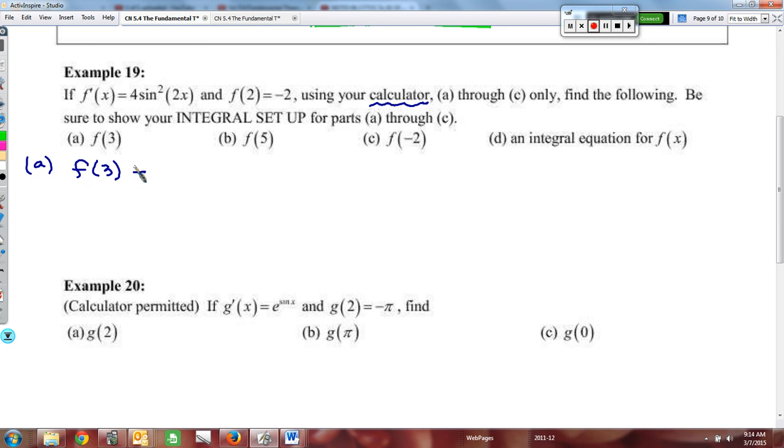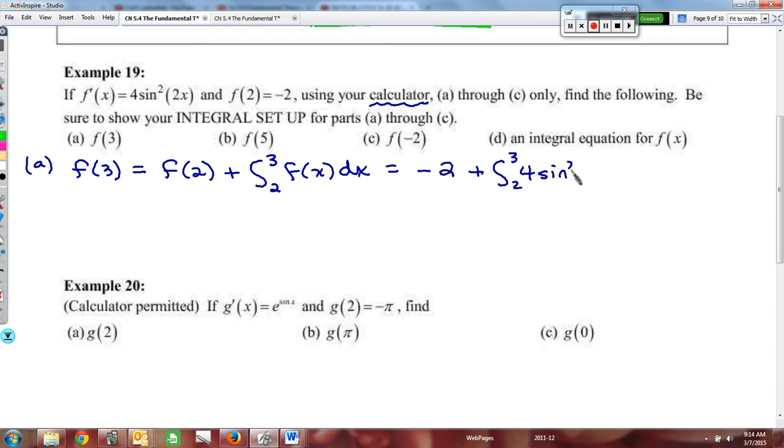Well, I know where I was at f of 2, and so all I need to do is calculate my net change from 2 to 3 of f of x dx. So what I'm going to type into my calculator is negative 2, where I was, plus the integral from 2 to 3 of 4 sine squared of 2x dx, and I'm going to use that on my calculator to get an answer.